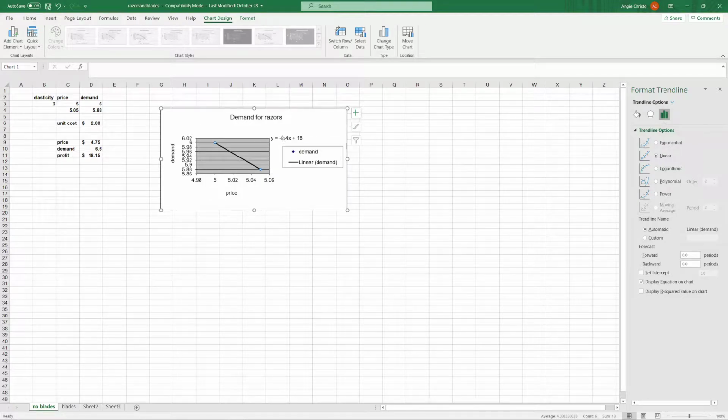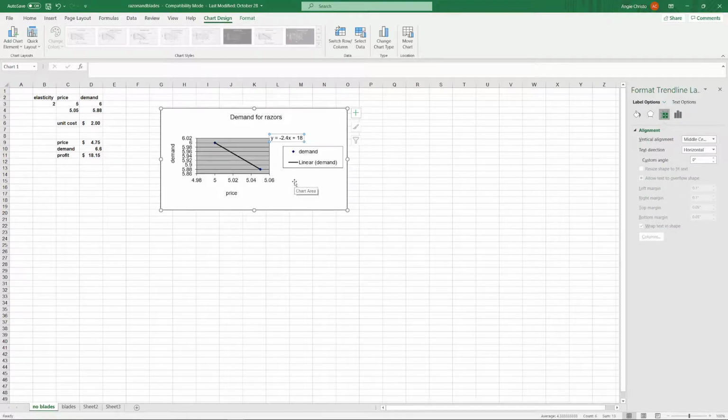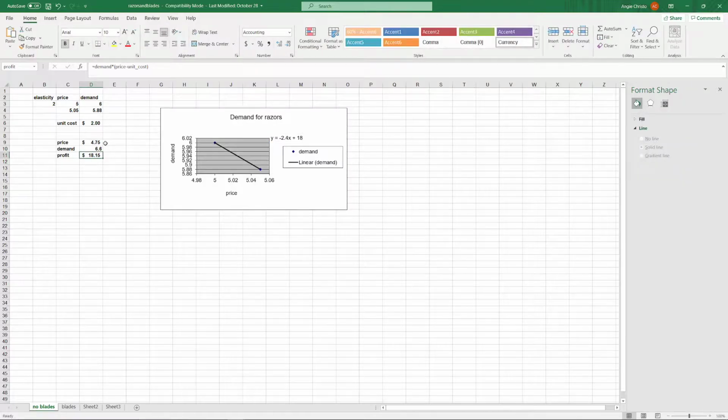So this gives us the equation for consumer demand for this product, razors in this case. So we saw all that last time, and then we also saw how we can use this. Now we have this equation for demand, and we can use it to help us find the best price by incorporating it in our profit calculation.